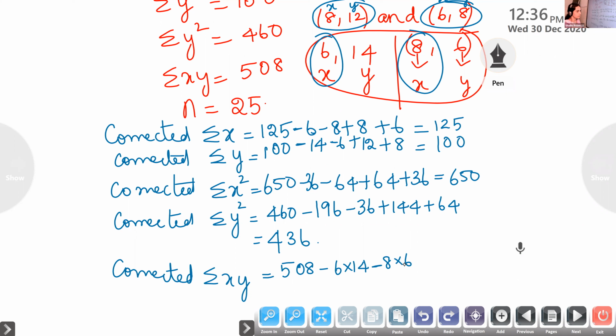Wrong values we should subtract, plus add the correct values, plus 8 into 12, plus 6 into 8. So it is corrected sigma xy, 520. Yes, it is 520. So we got all the corrected values.